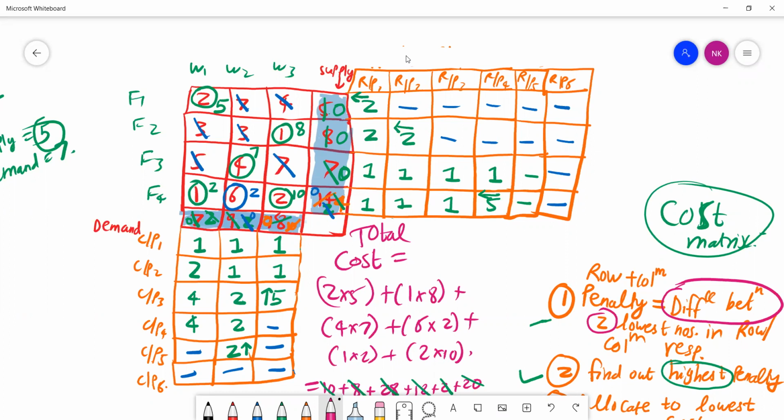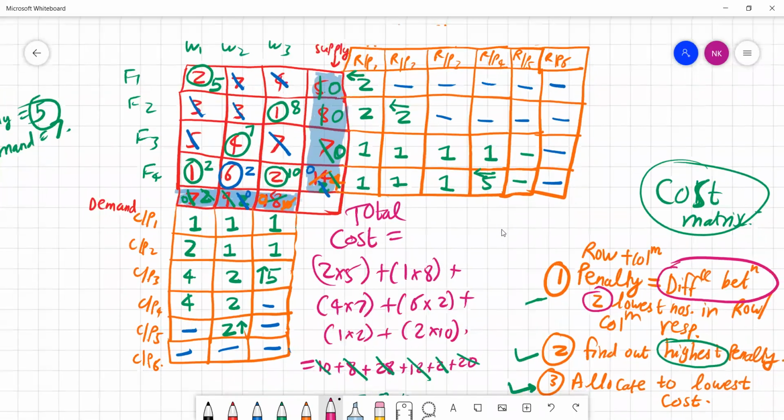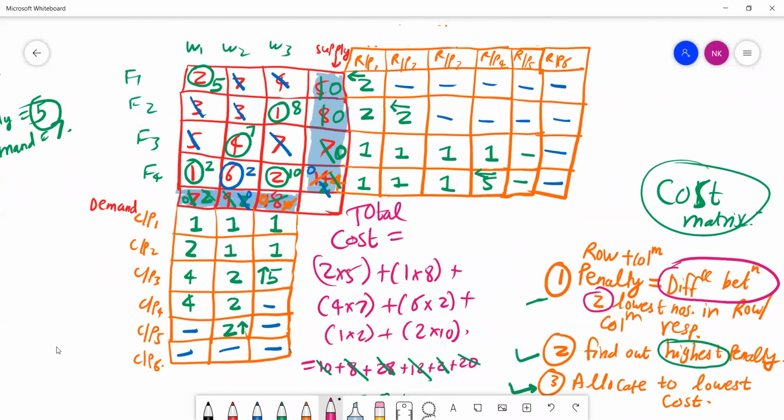If the maximum difference corresponds to the first row, or let's say the third column, then your next point of focus will be on that row or column. Whatever the highest difference is, you allocate the number of units to the cell with the lower value.